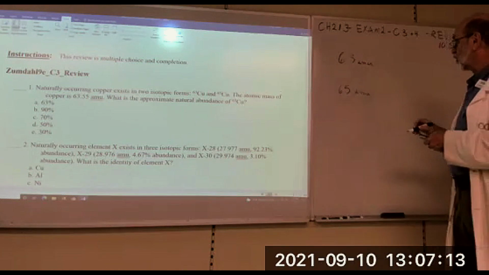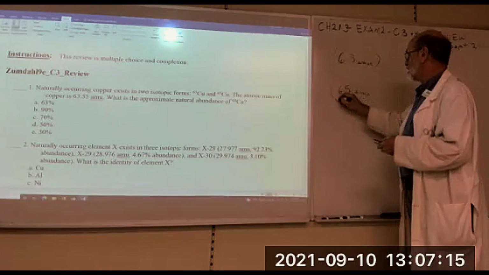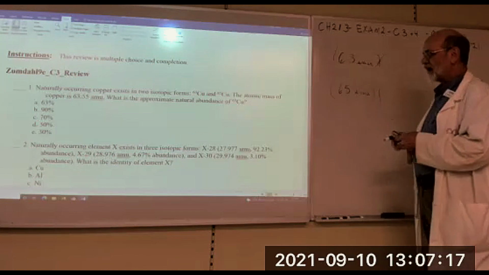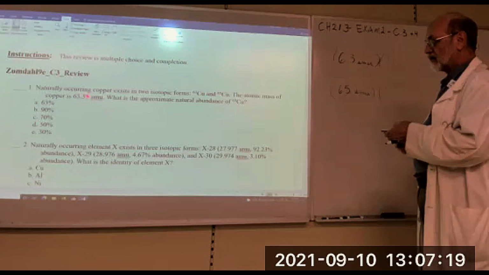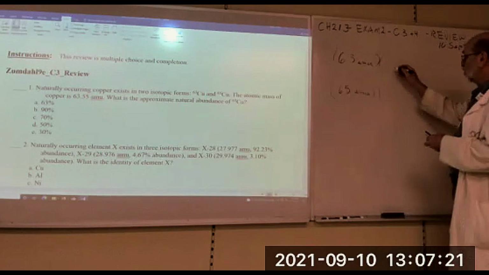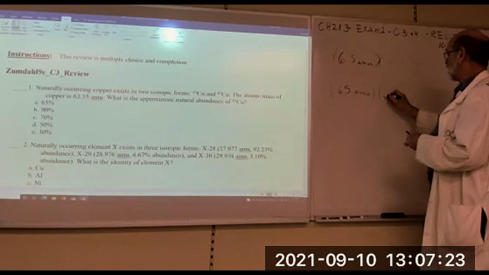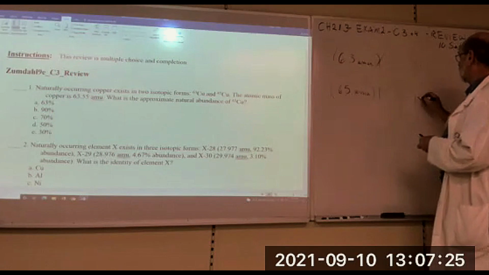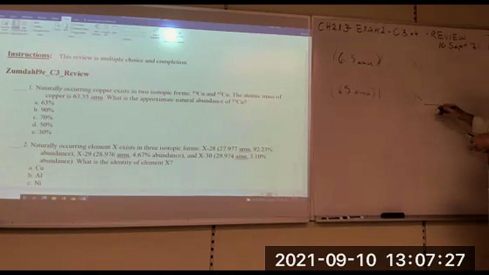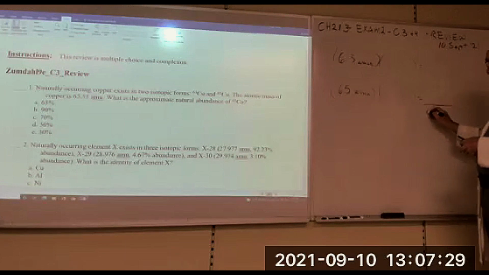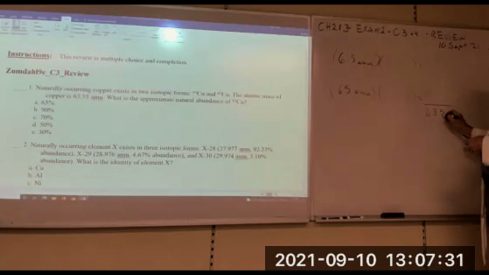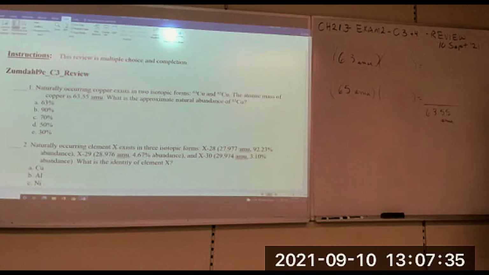Okay, we need to know the relative abundance. So how did we arrive at this value in the first place? Well, we multiplied this times some fractional value and that one times some fractional value, and then we added the two together to get 63.55 atomic mass units. That's how we got there.